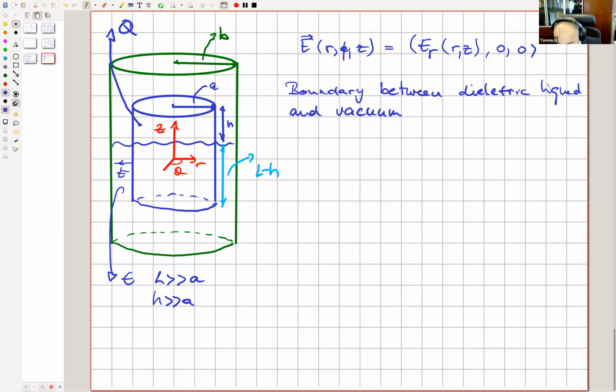We can even remove the dependence on z, because L is much larger than a, so we're really talking about a very thin thing. When we make it long, we don't have to worry about the z direction. We're mainly dealing with E_r.